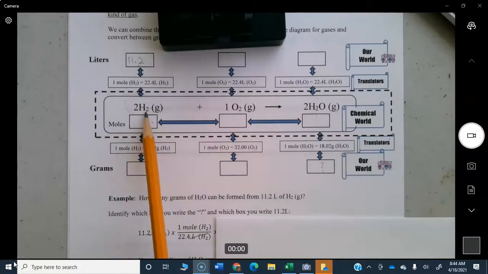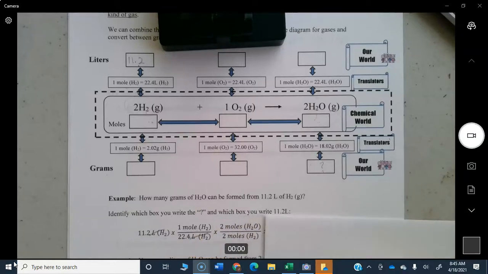Now you have to come across from here to here. Think about which one of those goes on the top. You have moles of H2 right here. That's got to cancel out, so it's 2 moles of H2O over 2 moles of H2. So moles of H2 cancels out. Okay, now you're right here in this box. Now you need to come out to here using the molar mass.